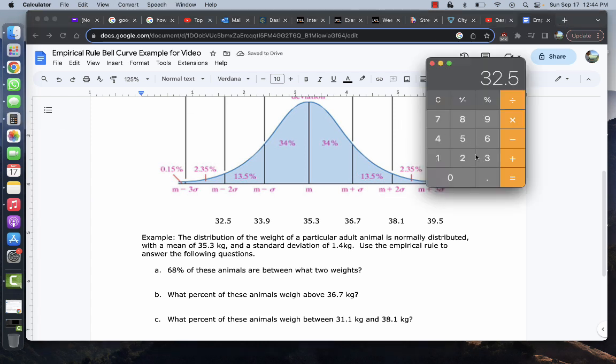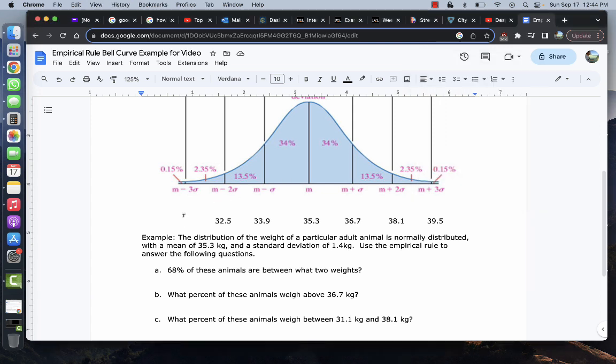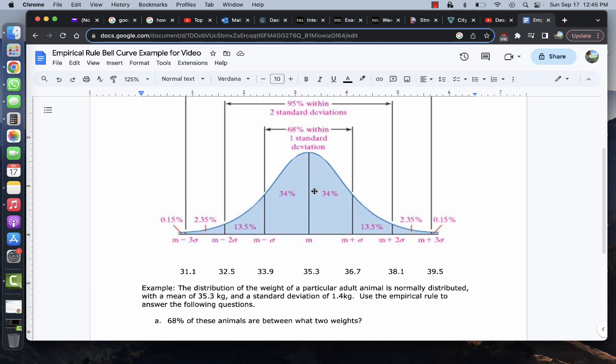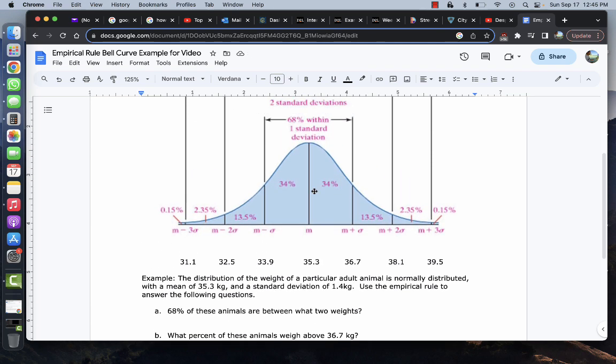So take the 32.5 minus 1.4 again, 31.1. All right, so now I have all my weights here that line up with the values of 1, 2, 3 standard deviations below and 1, 2, 3 standard deviations above. Now that I have this all set up, I can pretty simply answer these questions.